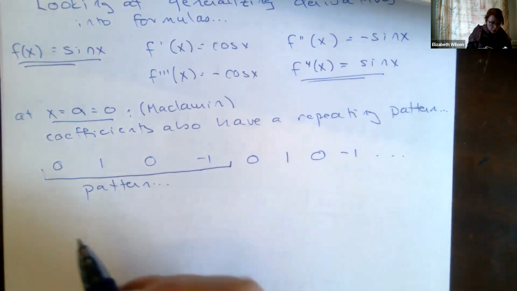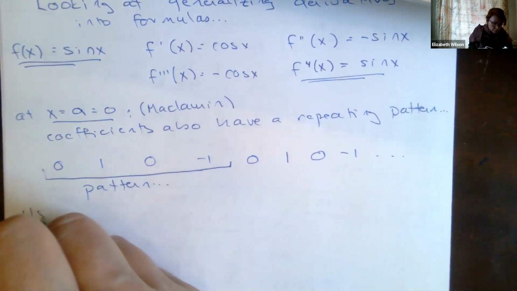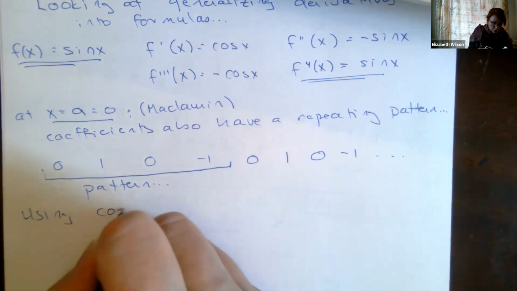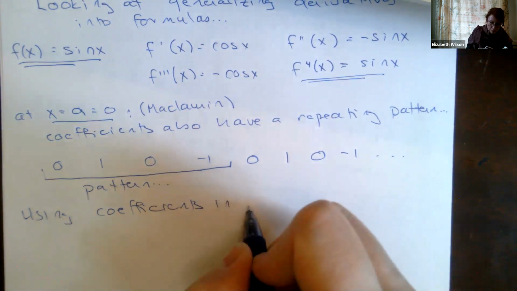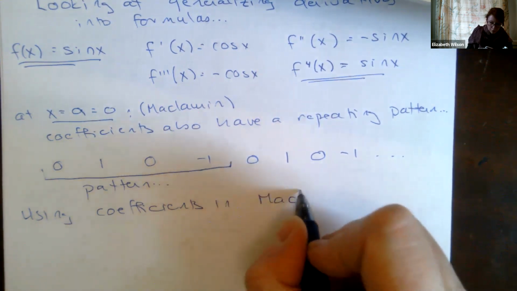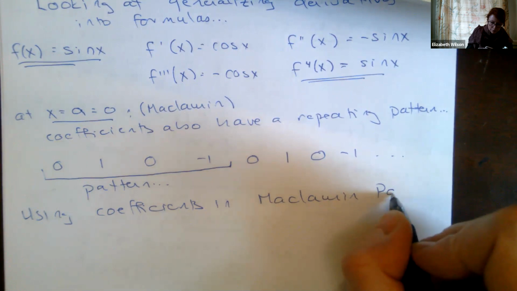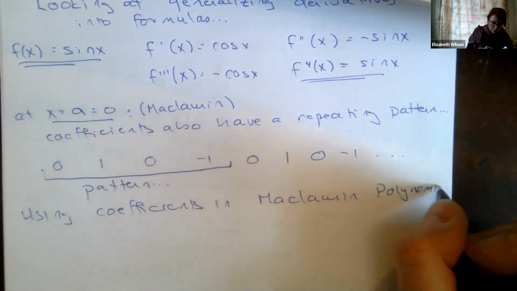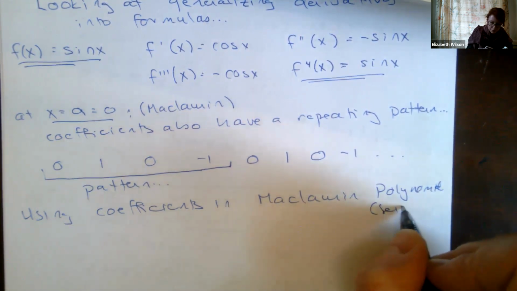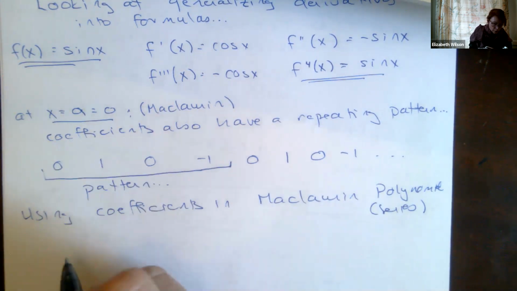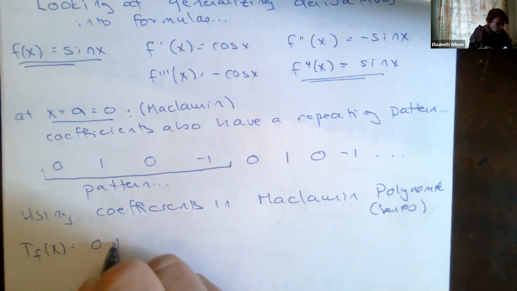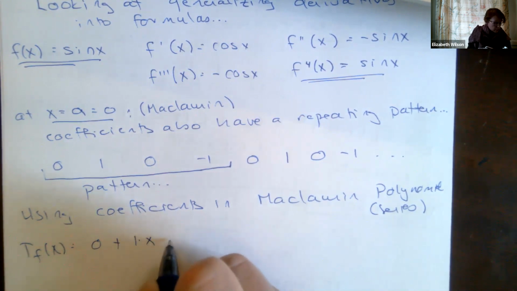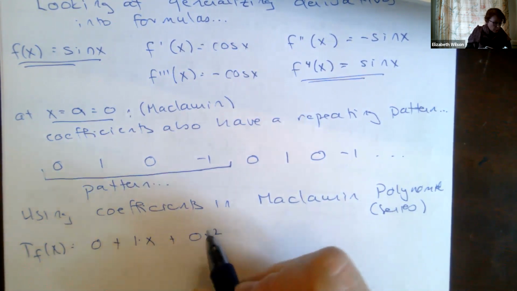Using these coefficients in our Maclaurin polynomial, our series, what am I going to get? I'm going to get 0 plus 1 times x plus 0 x squared.